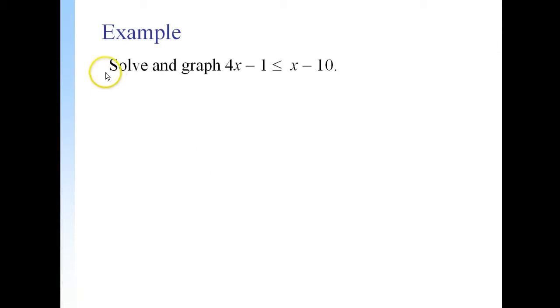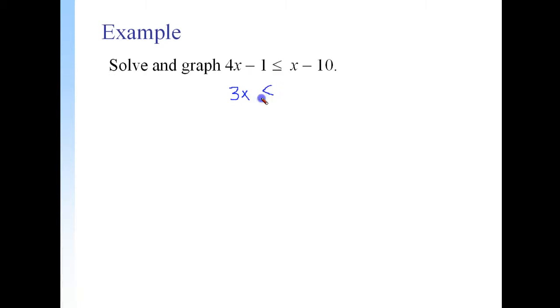Okay, here they want us to solve and graph. A little more complicated, but we're going to use the same principles that we did when we solved equations. We're going to subtract 1x here, or transpose it. So this will become 3x over here. We're going to add 1.